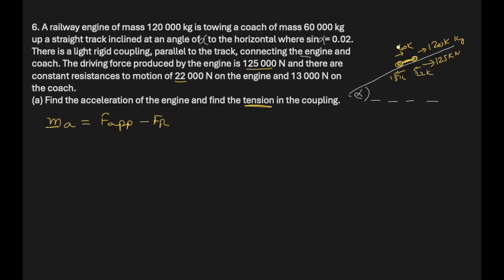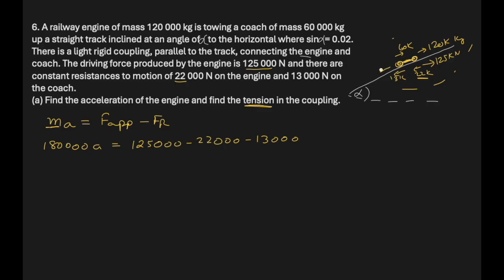Mass, because we're taking the whole system, so mass of both of them is 180 k. So 180,000 a equal to the applied force, given as 125 k. So 125,000 newtons minus, what are the resistive forces? 22,000. There is 13,000 also in this system.